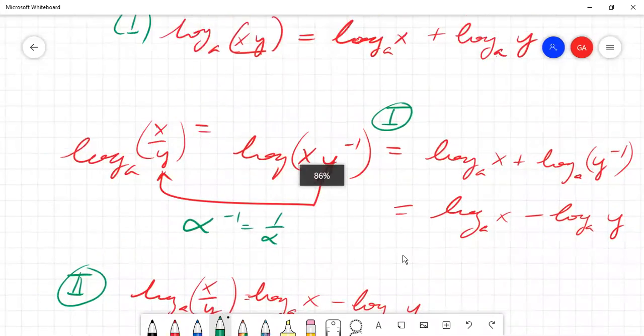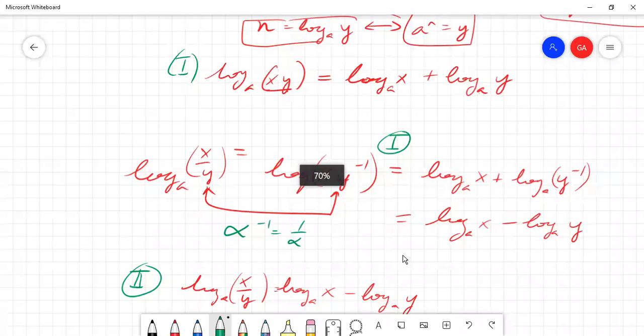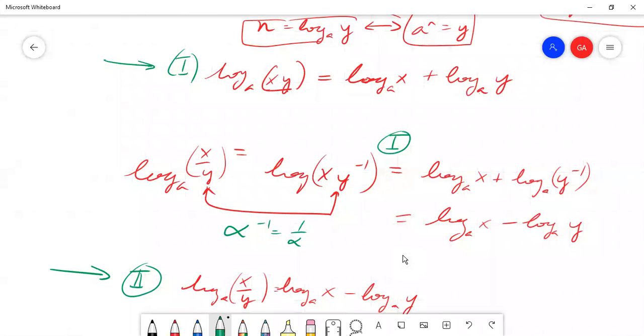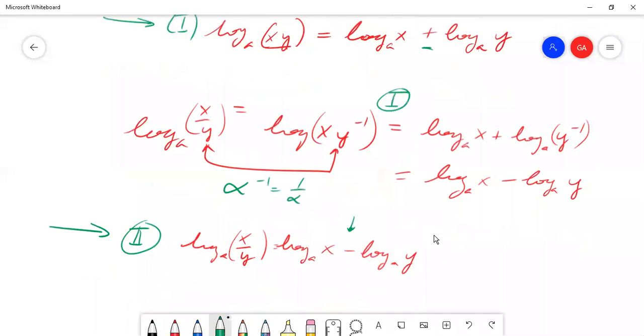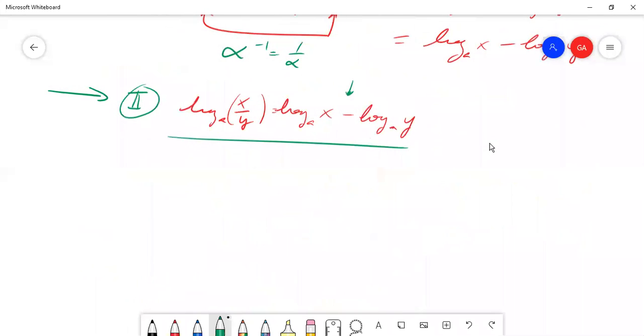Let me zoom out a tiny bit. So here's property 1, and here's property 2. Here there's a product and you have a plus sign. Here there's a quotient and you have a minus sign. I hope this is making sense. You don't have to write down this proof, but you should write down these big properties. So write this down, write that down. Okay, we're almost done here.